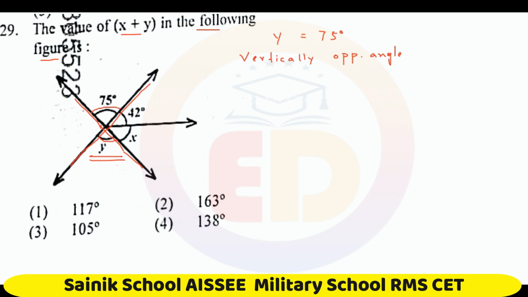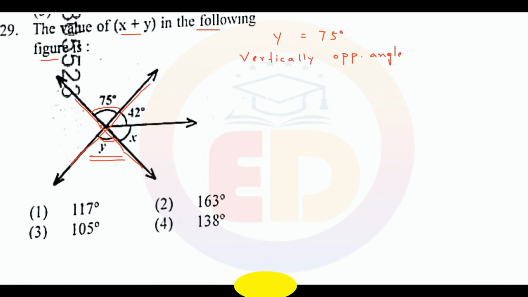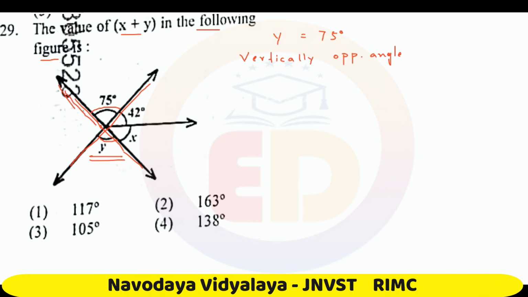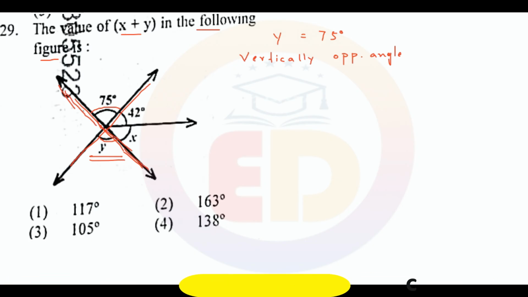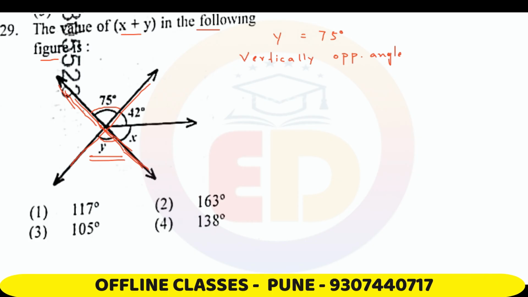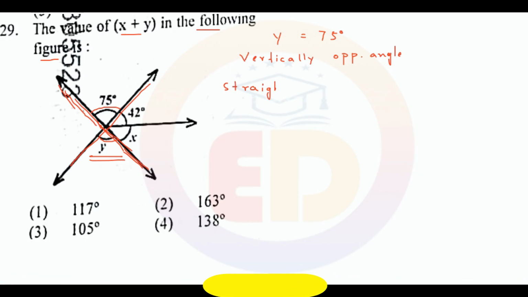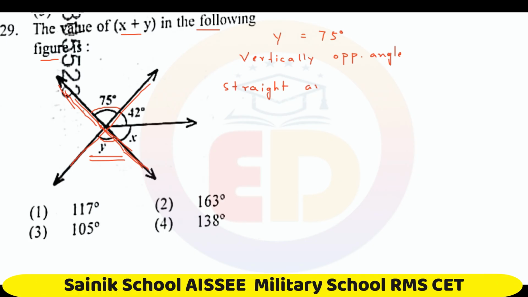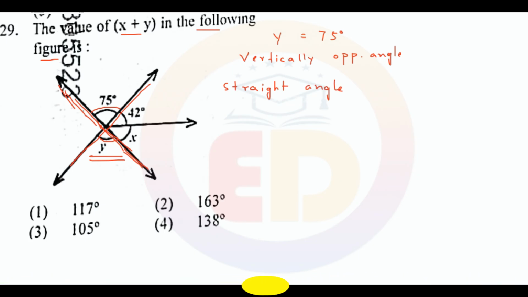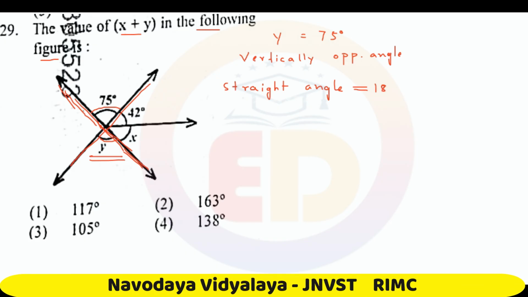Now let us find out the value of x. If you look at this line here, which has 3 angles in it, it is a straight line. It will follow the property of straight angle, and the sum of all the angles on this line will be 180.